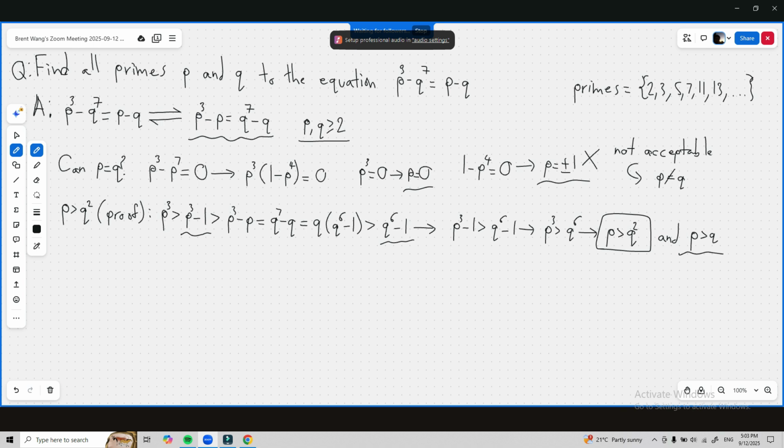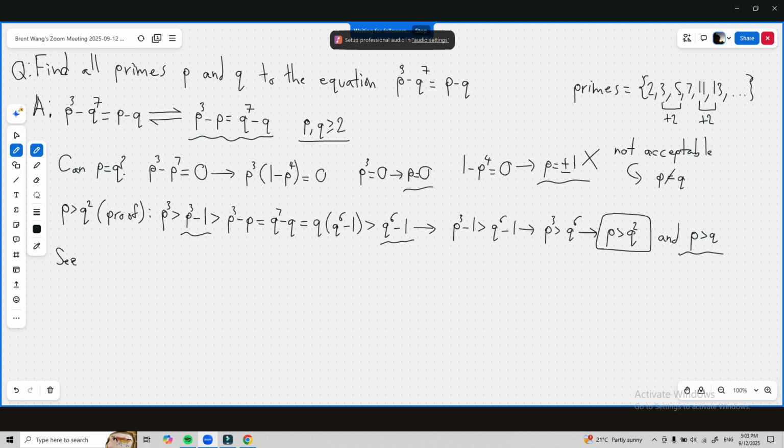And what you notice is that aside from 2 and 3, all of the other primes, 3 and 5, 5 and 7, 11 is a distance of 4, but 11 and 13 is plus 2. So, aside from 2 and 3, all other primes have a minimum distance of 2.